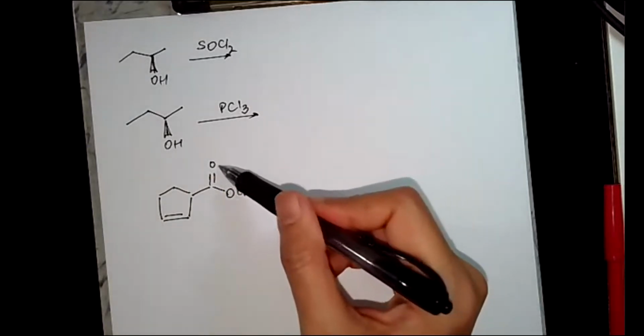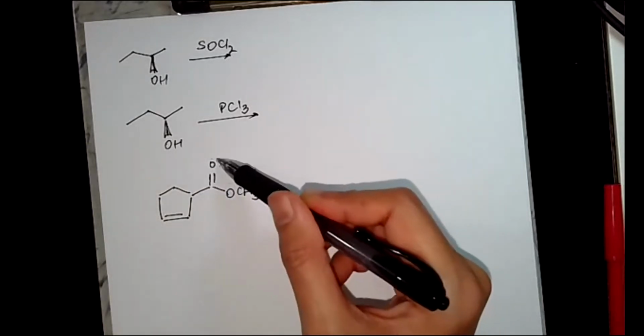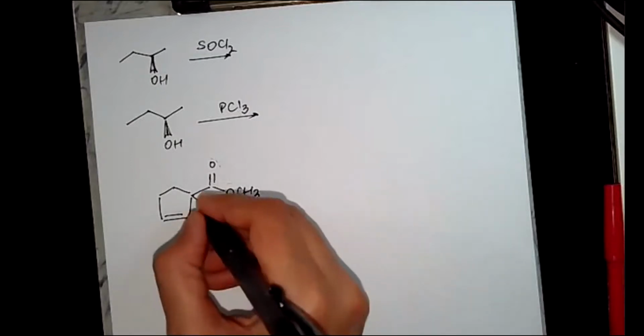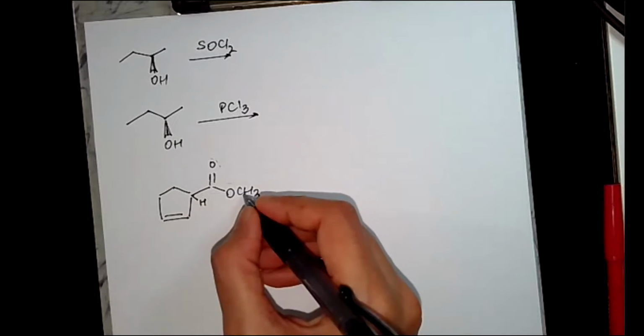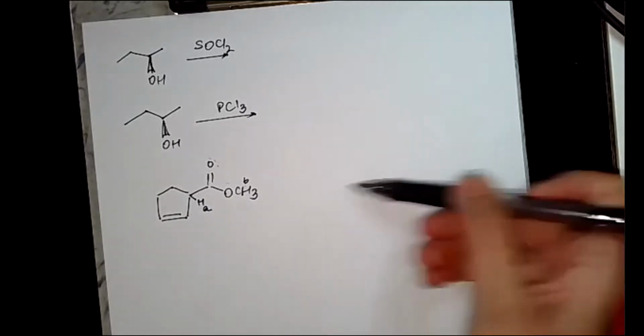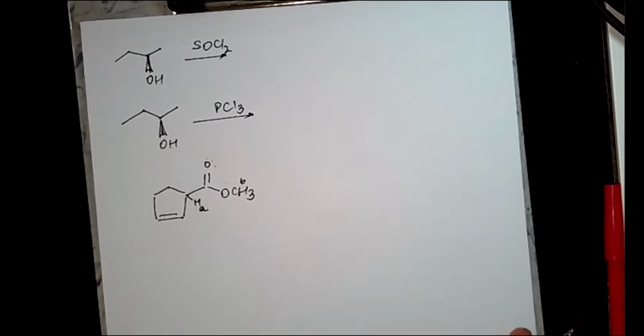So what kind of a functional group is this? This is an ester functional group. So if I have a hydrogen here and I have hydrogens here, let me label them A and B. Which of these two will be more downfield? Who can tell me? Take a guess, maybe.